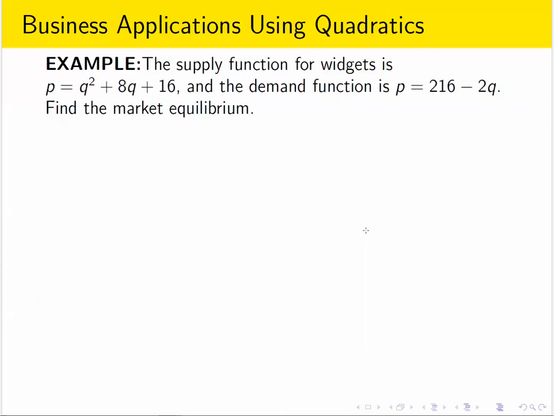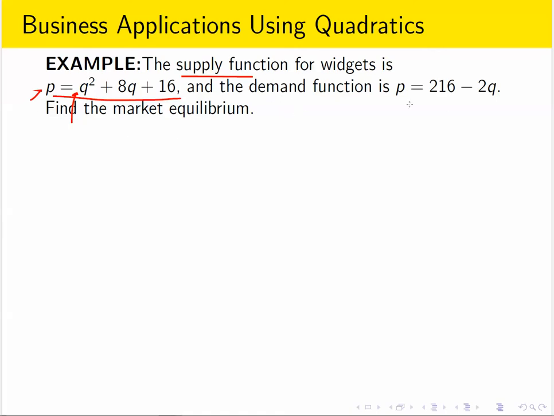Suppose we are using the function price equals quantity squared plus 8 times the quantity plus 16 to model the supply. So this is the relationship between the price that you're charging and the quantity being produced.